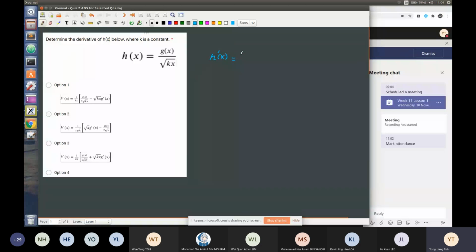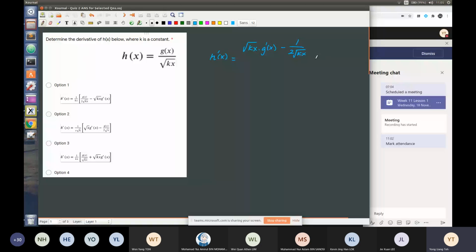If you make use of quotient rule, you must hold the denominator first, multiply by the numerator differentiated, so g prime x, minus differentiate of the denominator. But this is actually kx to the whole thing to the power of half. So you get 1 over 2, then the half minus 1, you get minus half. So you have a square root of kx.